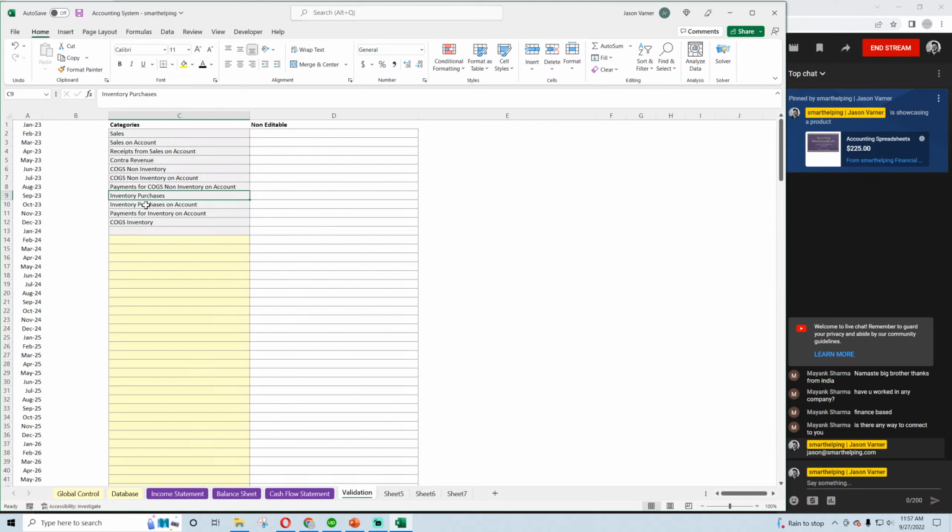So buy inventory, pay for it, accrue it, pay for it, reduce it in your operating income. Then we have other costs of goods sold, non-inventory, expense, accruing expense, paying the expense off. Then we have revenue, revenue on account, receipt of revenue on account.